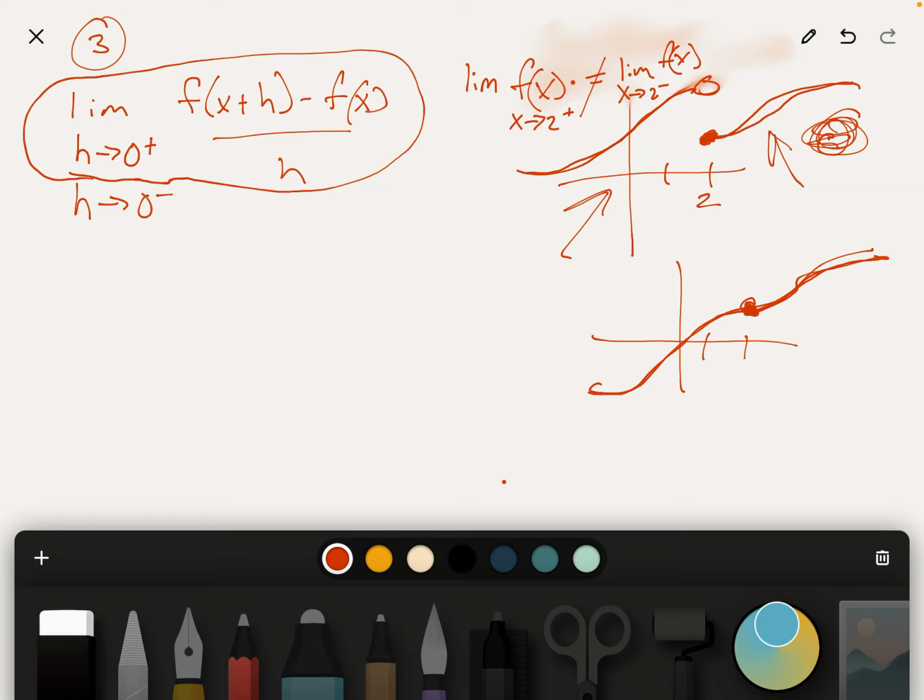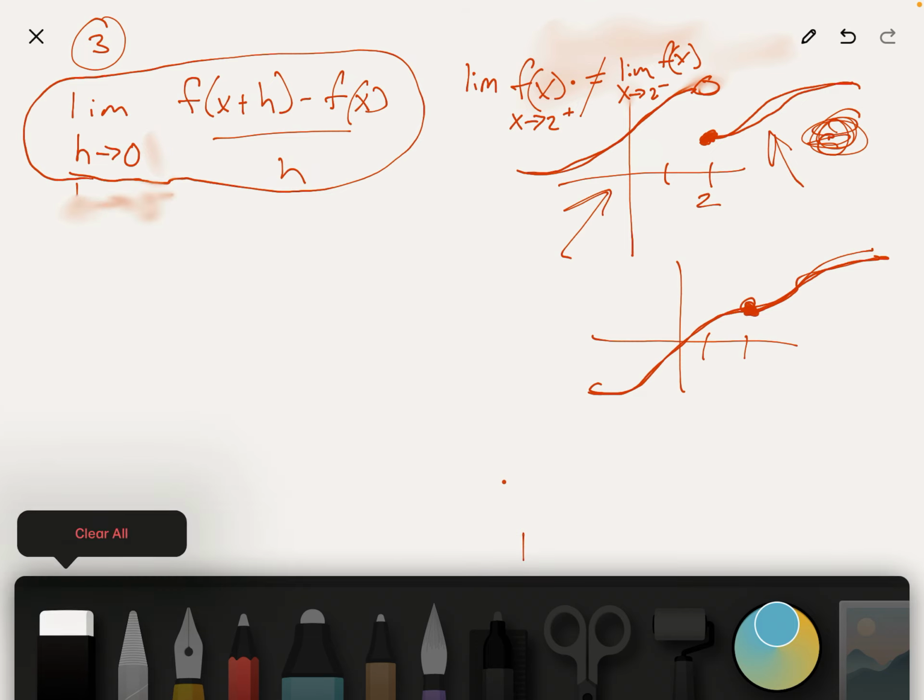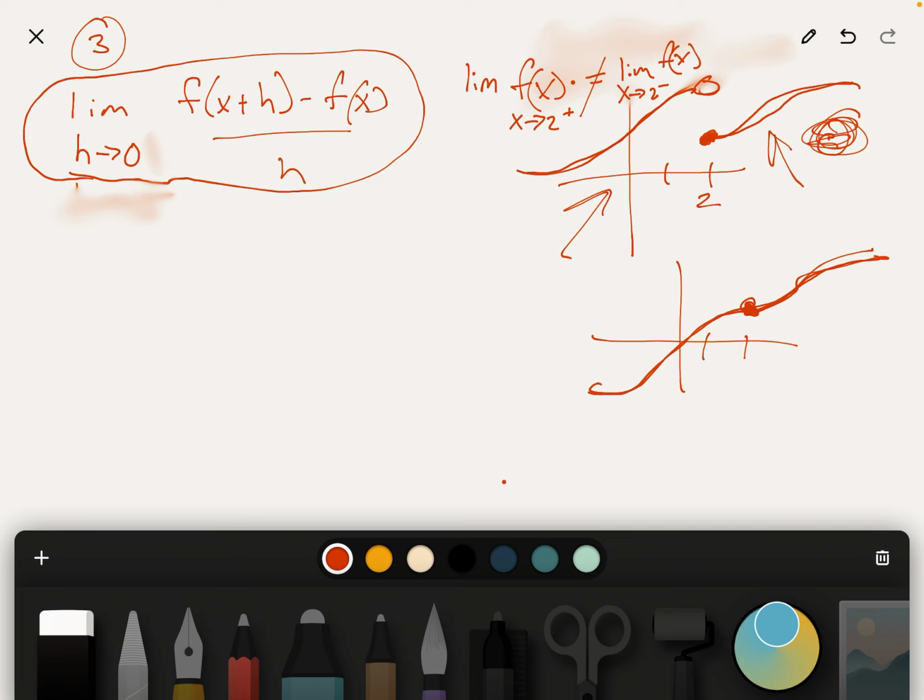Now, clarification number 2. Let me erase this positive sign. I think this is answer C. This is just the general expression for the derivative, and in fact you can use it to calculate the derivative.